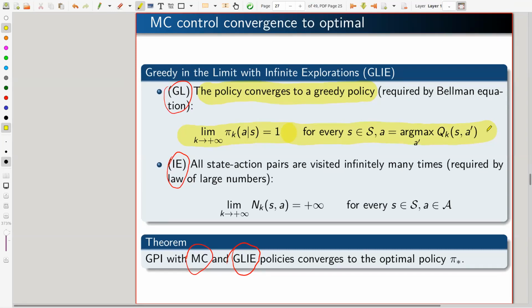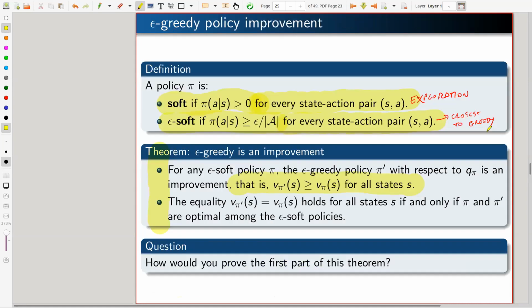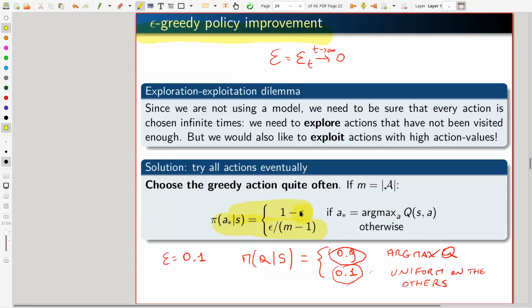And remark, in the case of epsilon greedy improvement, this is satisfied if the exploration part converges to 0. You agree on that, right? If this is converging to 0, then the policy is converging, accumulating all the probability on the argmax action.